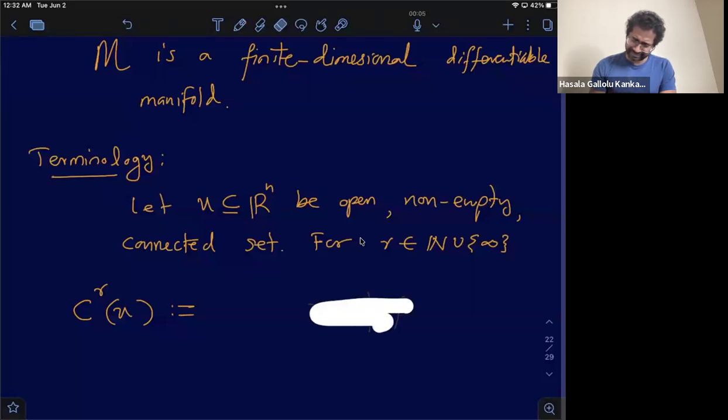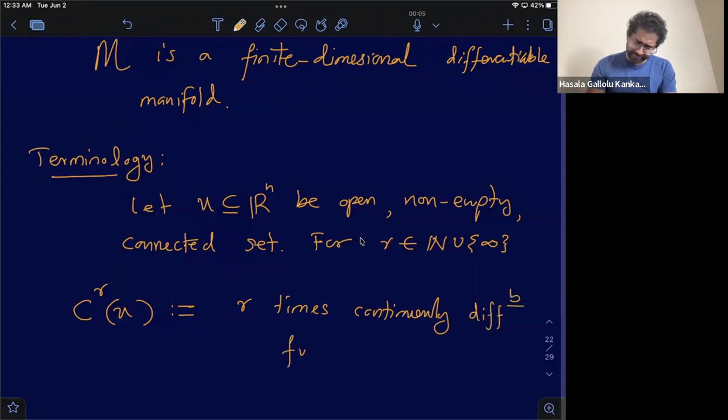No need to have the symbol. Without having symbols, let's define it in words. It is much more intuitive. r times continuously differentiable functions. That means you can differentiate this function r times. Then even when you get to the r-th derivative, it's going to be continuous.